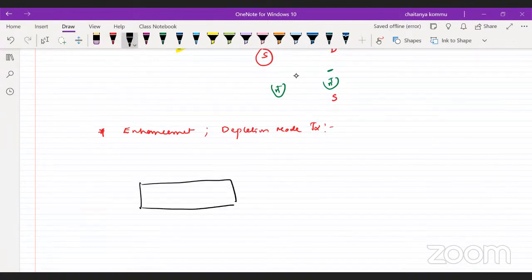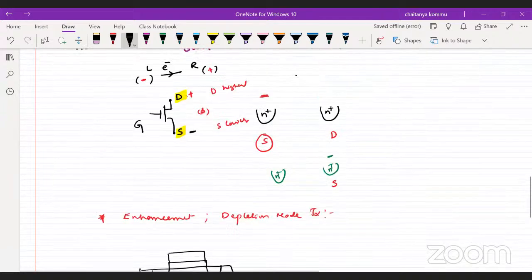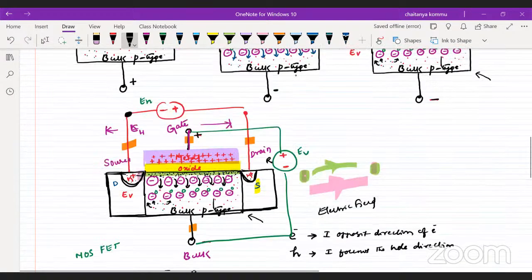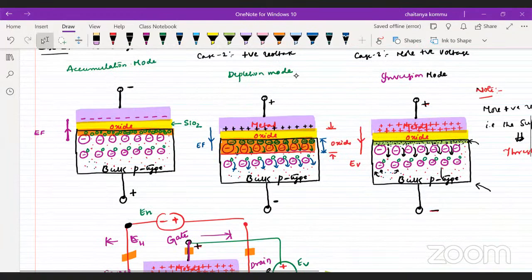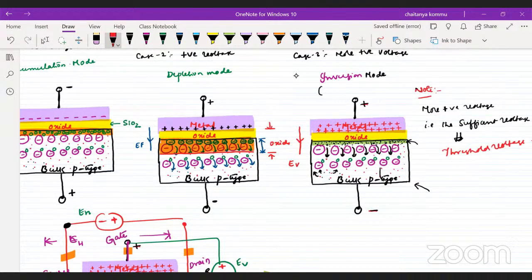Whenever we fabricate a transistor, something like this, with source and drain, and you are not finding any kind of inversion layer. Another name for the inversion layer, I will write here itself, is the channel. This is also a popular name used for transistors, channel.